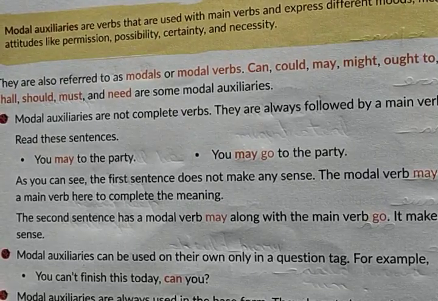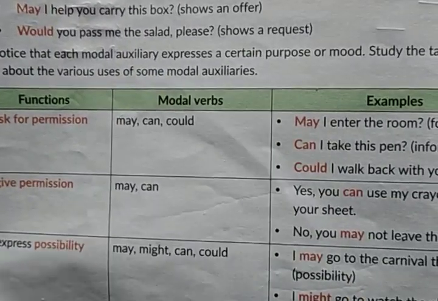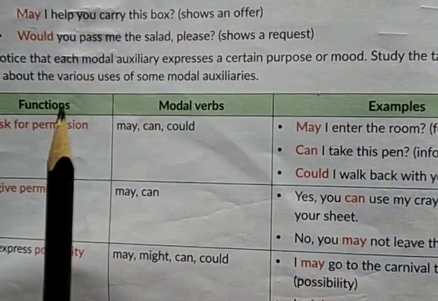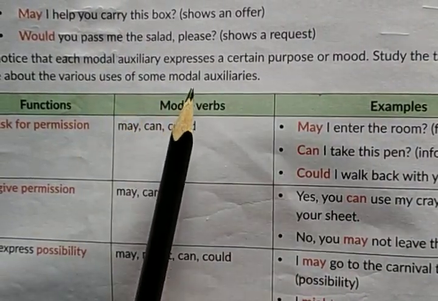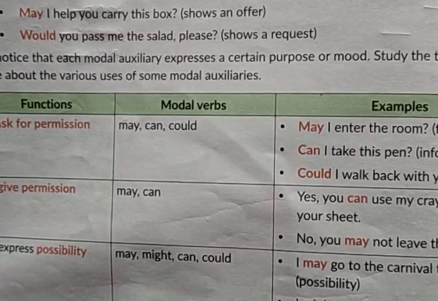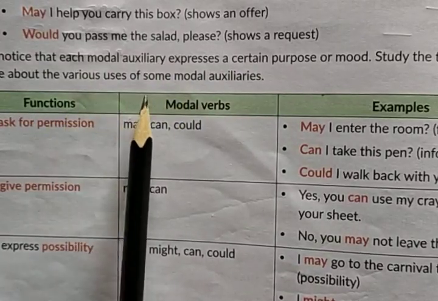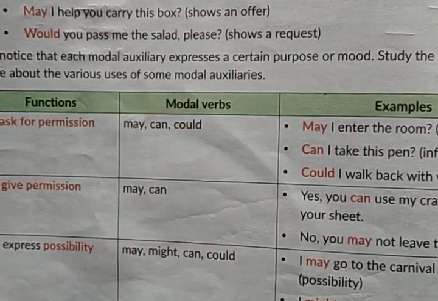So, now we will see a table. Okay, let's move to this table, and this table is very important. We notice that each modal auxiliary expresses a certain purpose or mood. Study the table to learn more about the various uses of some modal auxiliaries.